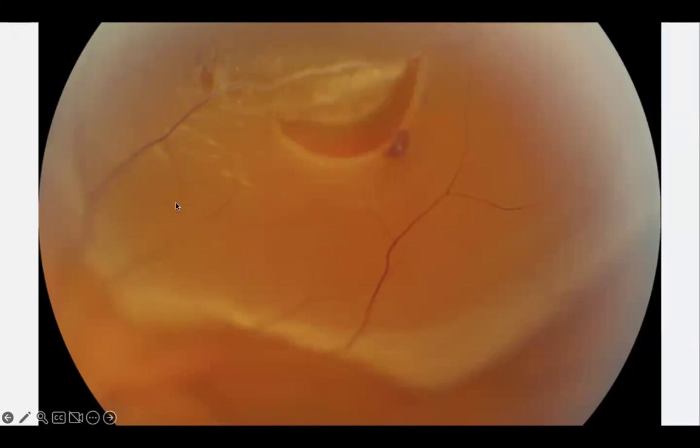So this whitish line is the line of attached and detached retina. This area is attached, this area is detached, and this is the retinal tear. From that tear, fluid goes in and separates the retina.